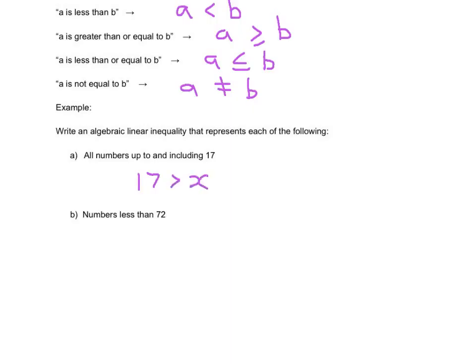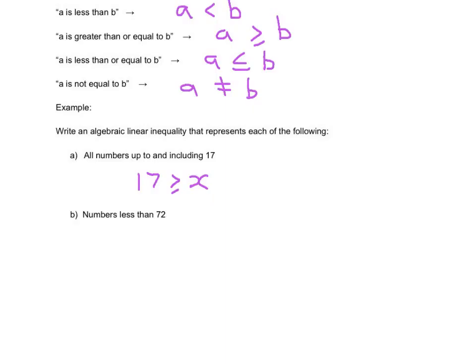So the numbers we're talking about, we're going to represent with x, and 17 is bigger than all of those, but it also says it includes 17, which means it's going to be 17 is greater than or equal to x. Now, is there another way of writing this? You could write 17 is greater than or equal to x.